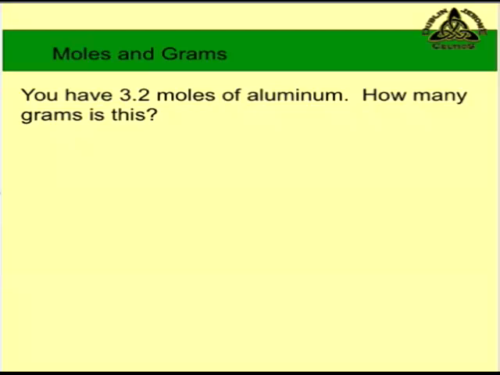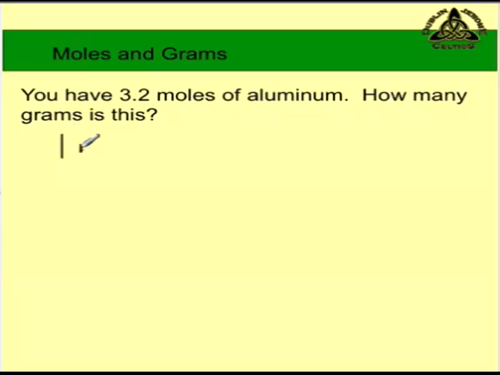Let's take a look at how we will proceed in working out these problems. You have 3.2 moles of aluminum. How many grams is this? Well, to do this problem, we want to remind ourselves about one of the relationships we just jotted down.